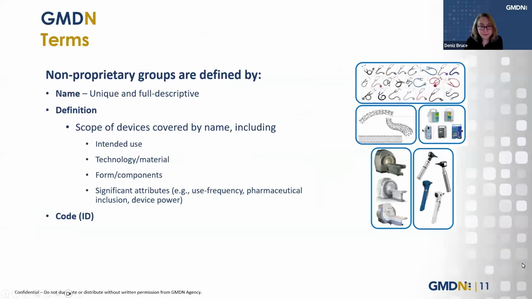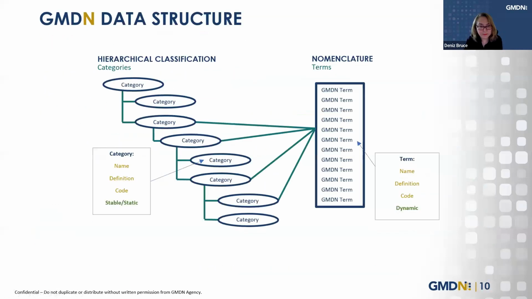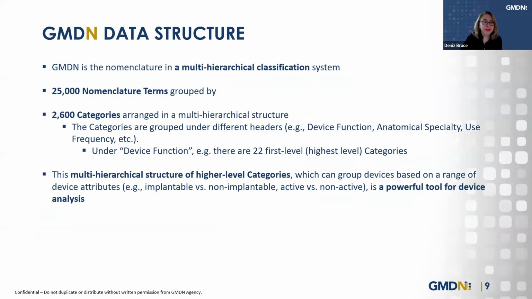So, okay, about the structure. GMDN is the nomenclature in a multi-hierarchical classification system. There are 25,000 terms grouped by 2,600 categories, arranged in a multi-hierarchical structure.